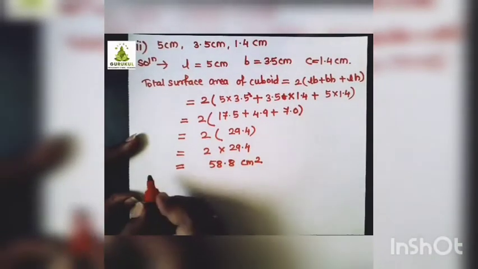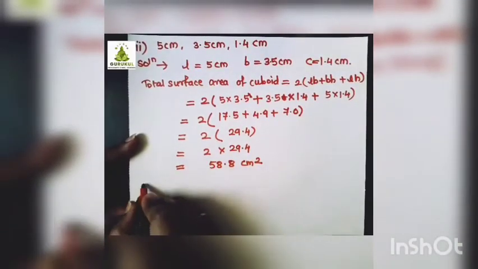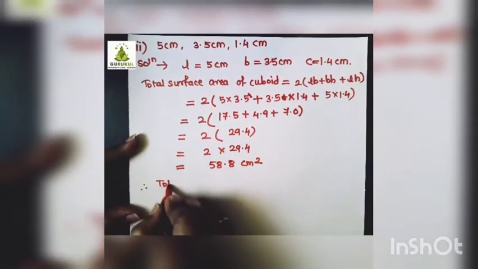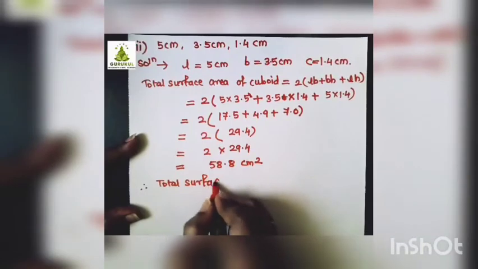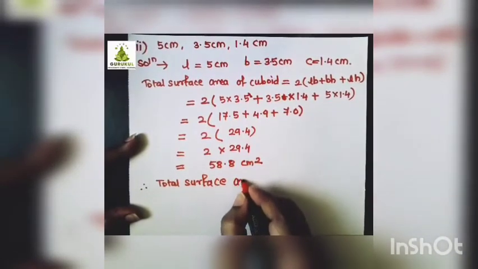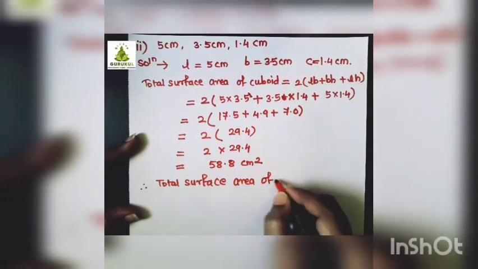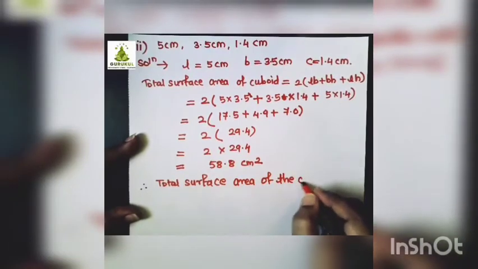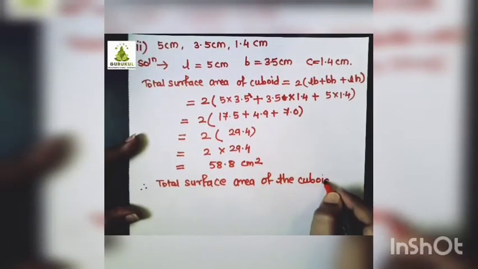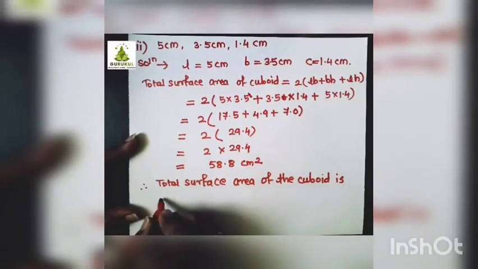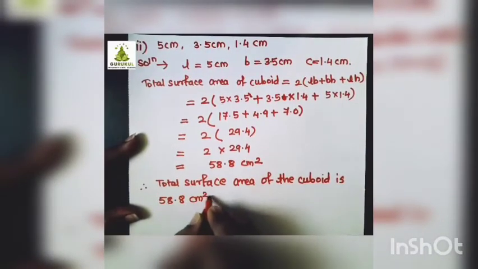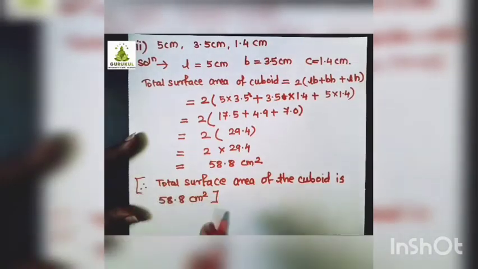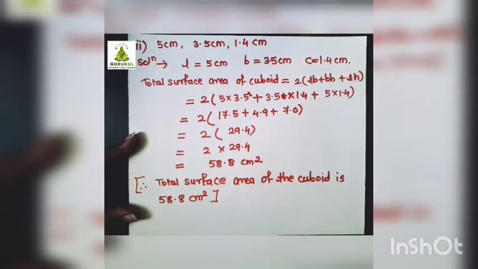Okay, so final statement, what we will write? Therefore, total surface area of the cuboid is 58.8 centimeter square. Okay, this is the final answer.